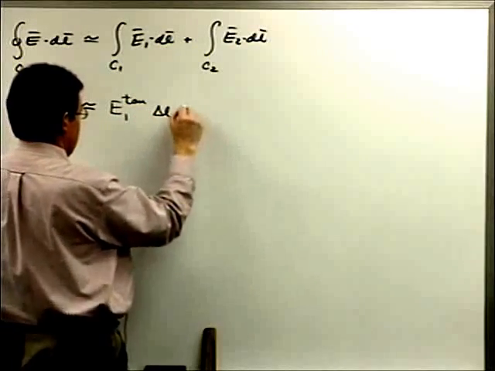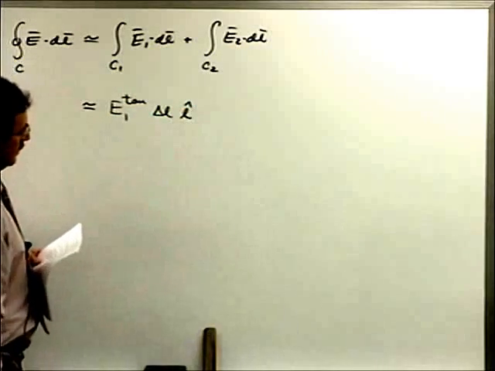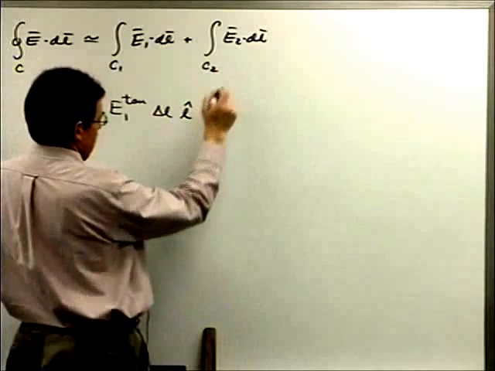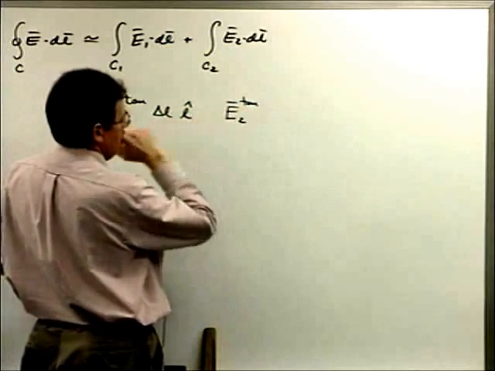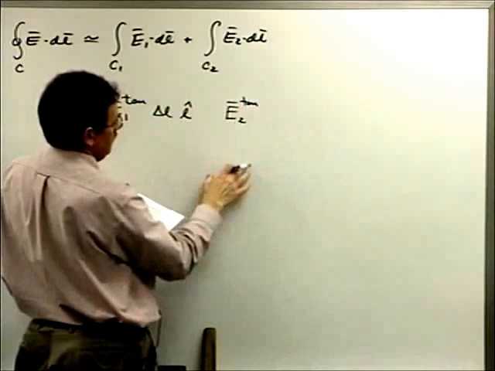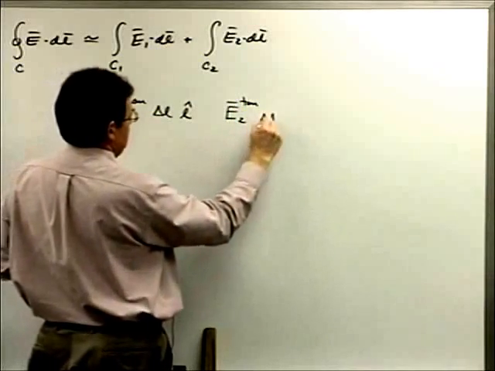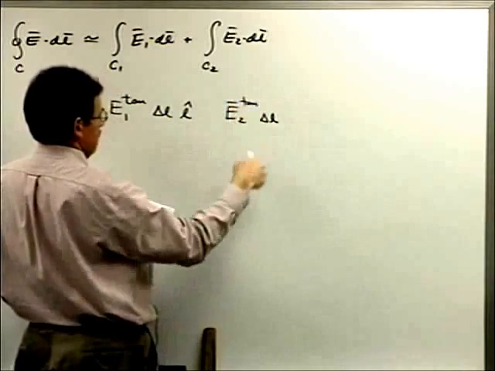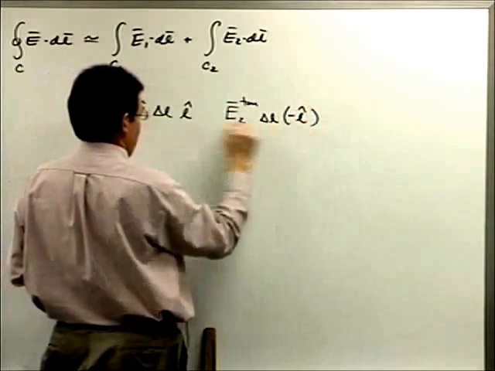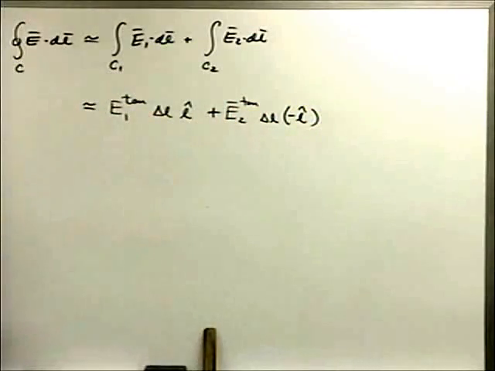Okay. And that basically gives me back something I'll call E1 tan times, say, delta L, in the L hat direction for the left-hand integral. And on the other side I'll have an E2 tan, denoting that it's tangential to the interface here. There's a delta L. Now we're coming back the other way, so this is really a minus L hat. So those are our two contributions there.